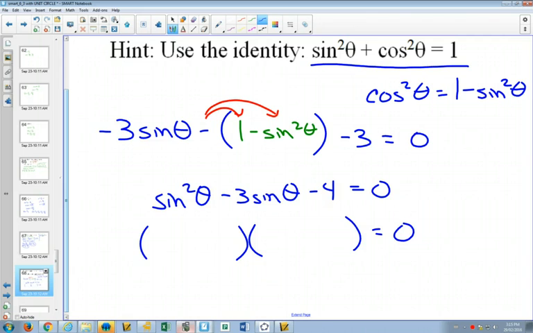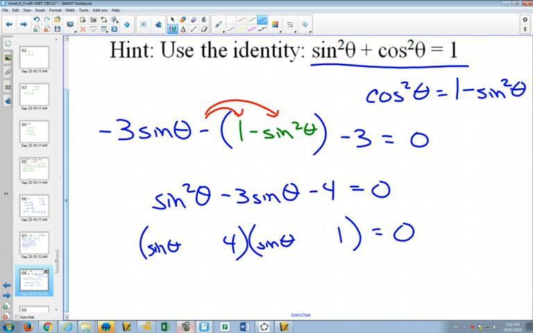What times what will give me sine squared? Only way possible would be sine and sine. My last one's a 4. I need to have two numbers here that multiply to get 4, but my outside and my inside need to make 3. So one thing that might work is 2 and 2, but if I did 2 and 2, can you see that my outside and my inside, 2 plus 2 or 2 minus 2, never equals 3?